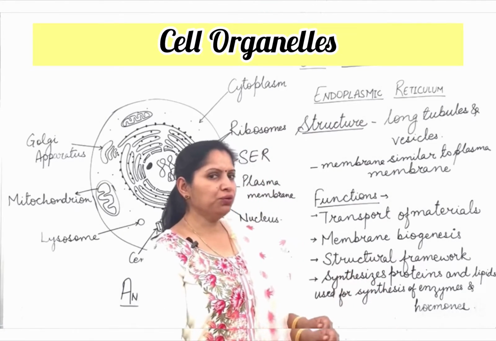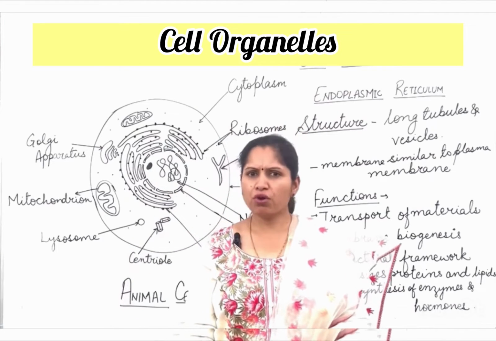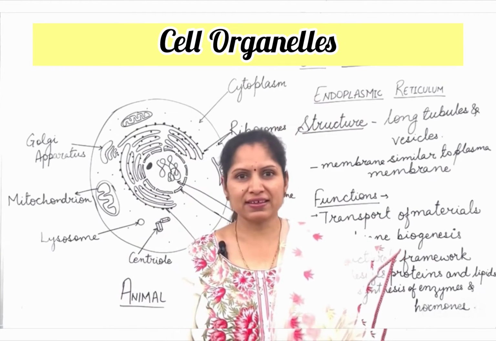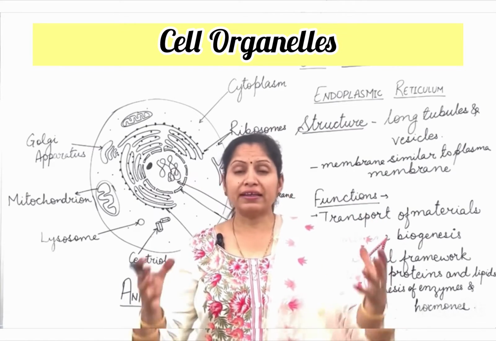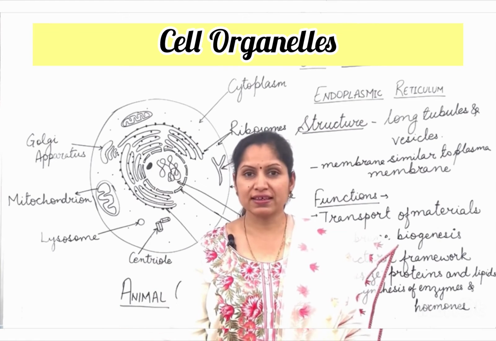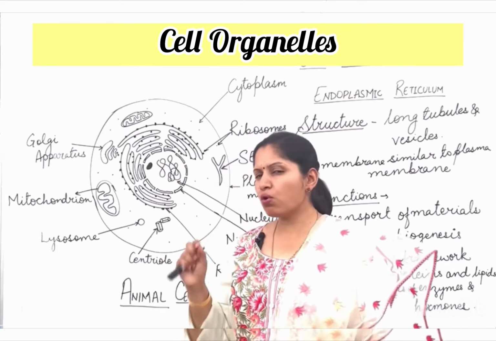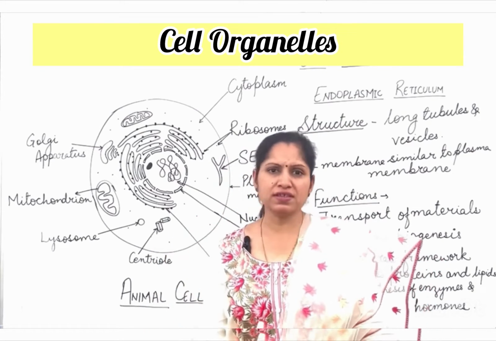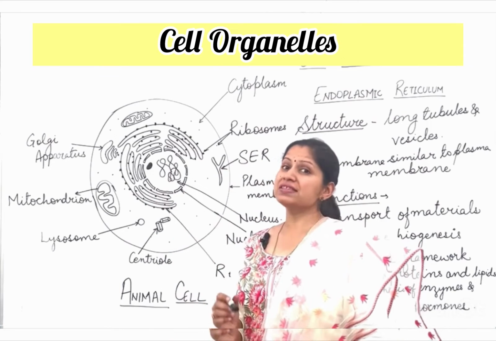In this part of the video we are going to discuss the various cell organelles. What are cell organelles? Human body has many organs that combine together and help us perform different functions. Similarly, in a cell also, there are various small parts, small components of a cell, and they together help in the functioning of a cell.